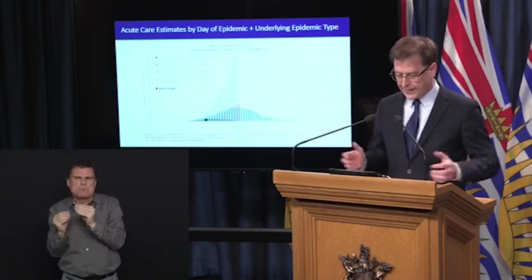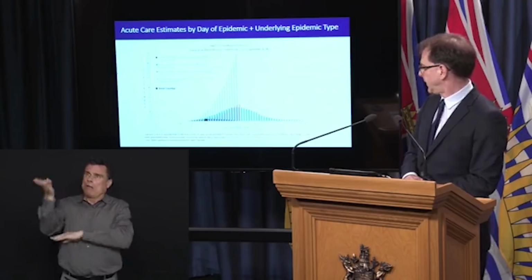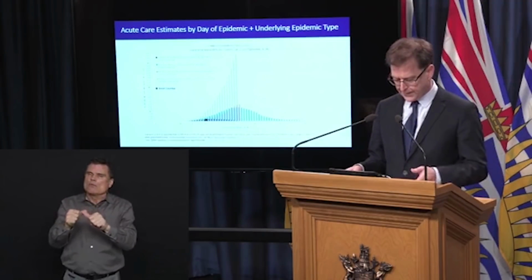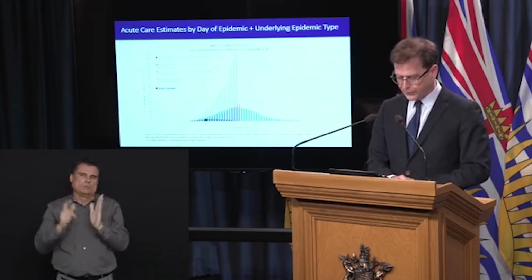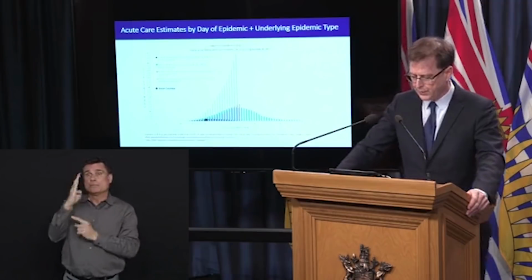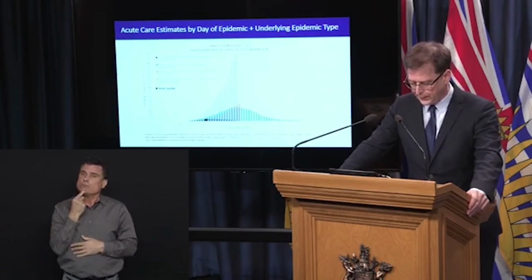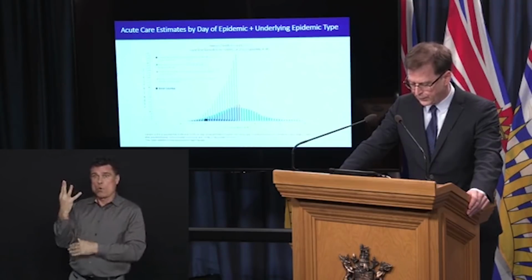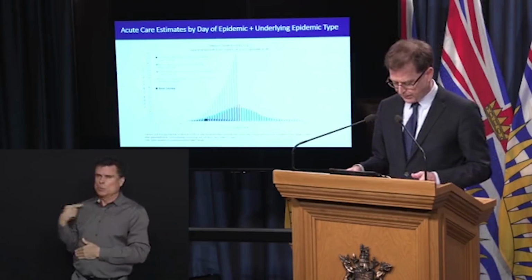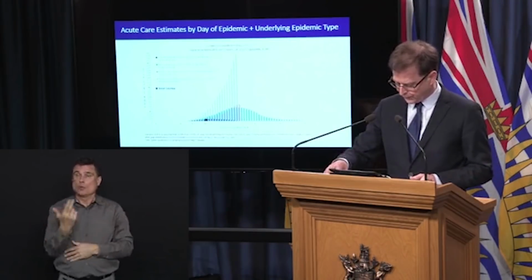I'm going to move on to the second category of patients, the patients who are in acute care but do not require critical care, based on the four models we're using here. You'll find that the expectation here assumes that 13.8% of all COVID-19 cases will be admitted to hospital.